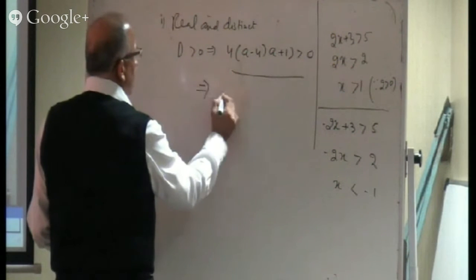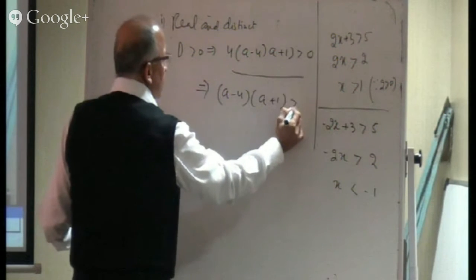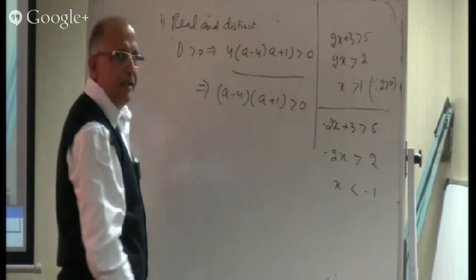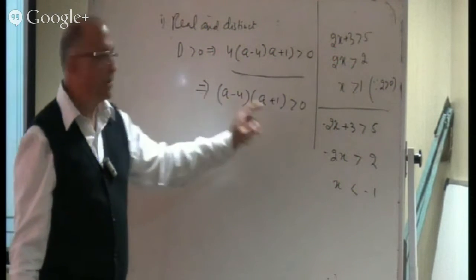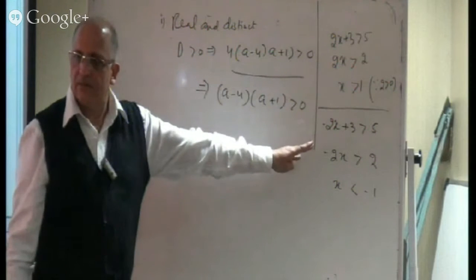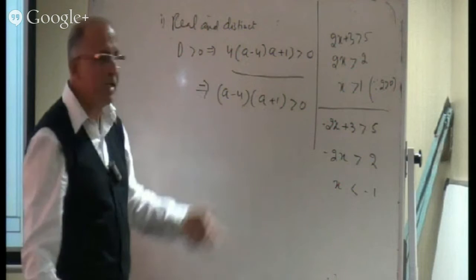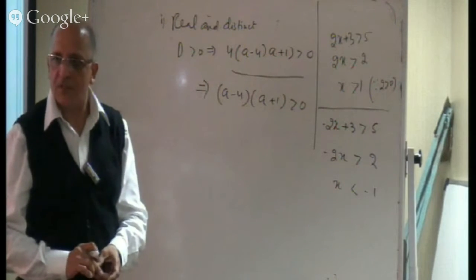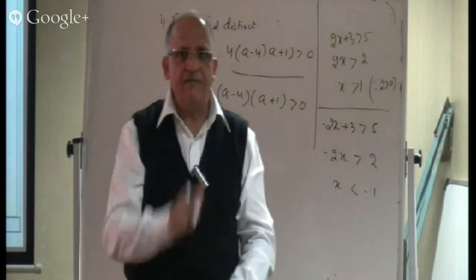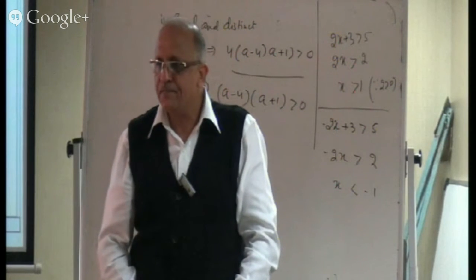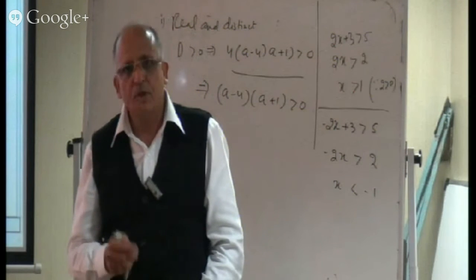I'm not interested in 4 because 4 is a positive number. I divide both sides by 4. My intention is to find the values of a for which this is positive. Now the product of two numbers is positive either when both of them are positive or both of them are negative.